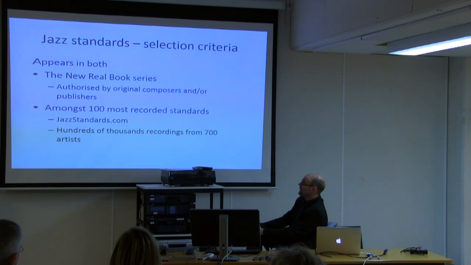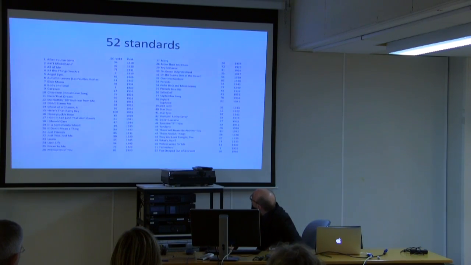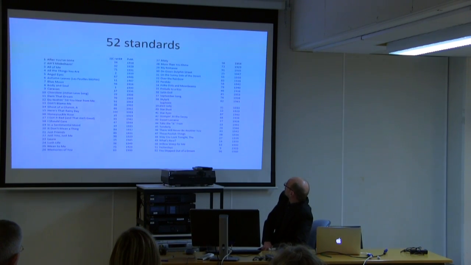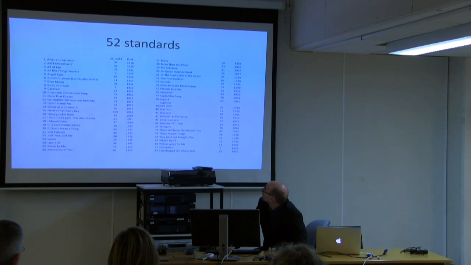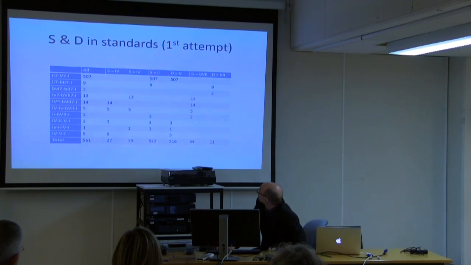And then they had to be amongst the 100 most recorded standards, and this work had already been done in jazzstandards.com, where hundreds of thousands of recordings were gone through. And the other pieces you can probably recognize many of them, especially in this school.